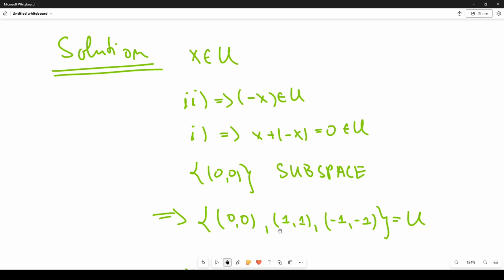Whatever two elements you take, or three, and you sum them up, you'll always stay in U, and all the additive inverses are there. But this is not a subspace, since if I took the ordered pair 1, 1 and I multiply it by the scalar 2, the ordered pair 2, 2 does not belong to U, so this is not a subspace. So here's one example.